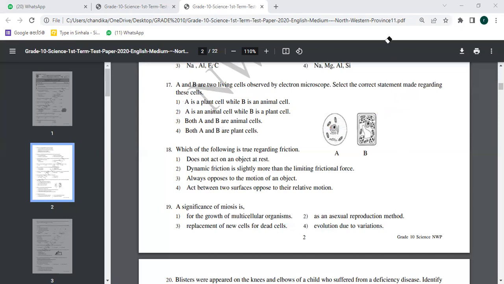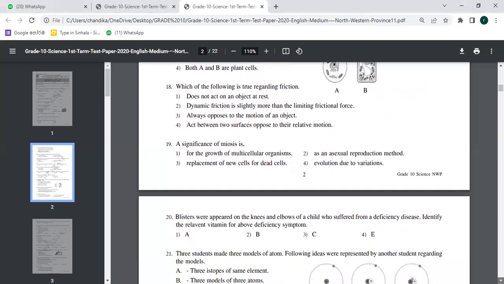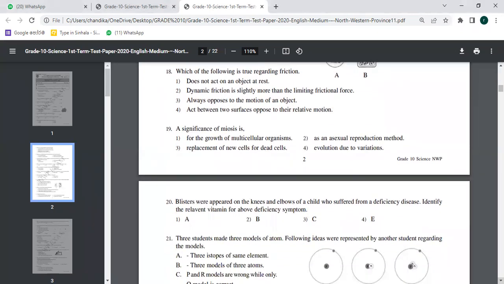Question number 18. Which of the following is true regarding friction? You had to select. Fourth one. What is the answer? Fourth one: acts between two surfaces opposed to their relative motion.